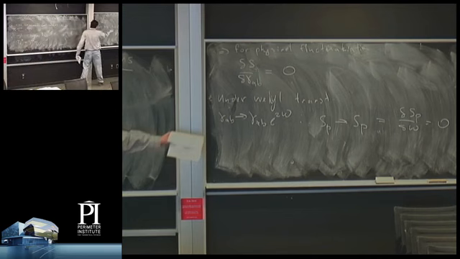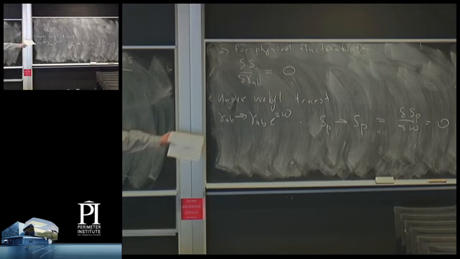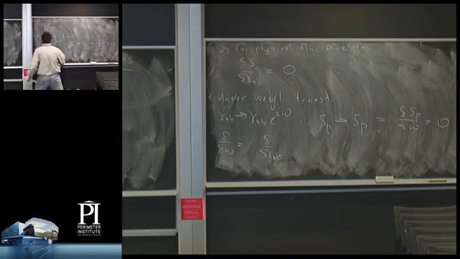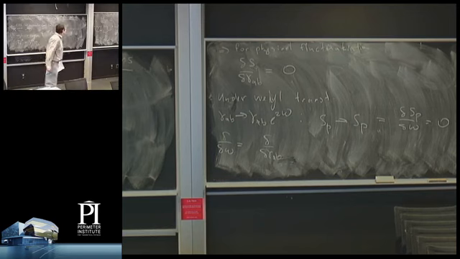Now, on the other side, you can see that the Weyl transformation acts only on the metric, and so variation with respect to omega I can write down as variation with respect to delta gamma AB, right?